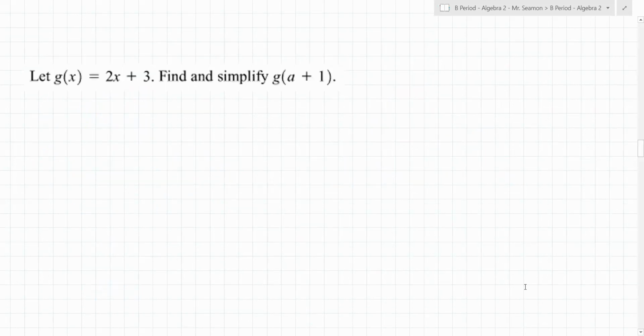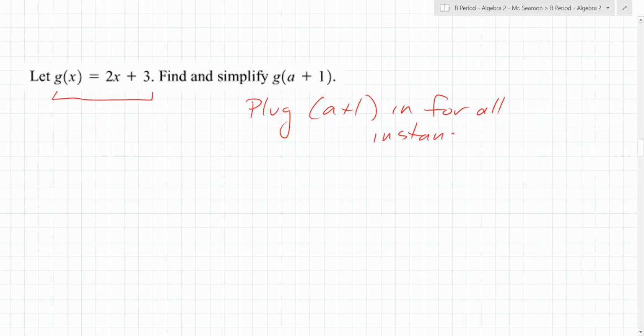Now, can you plug anything else in? Sure. Let's say we had g of x is equal to 2x plus 3. Find and simplify g of a plus 1. All that means is plug a plus 1 in for all instances of x. Well, there's only one instance of x right there.